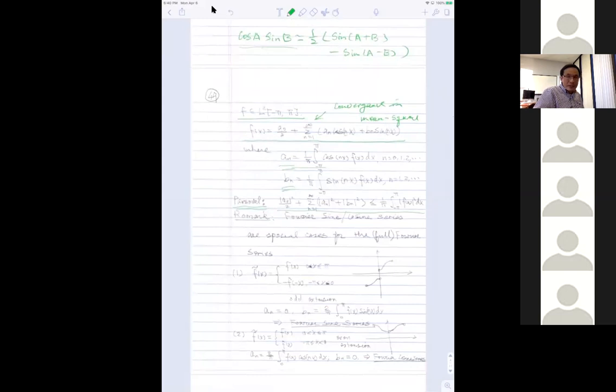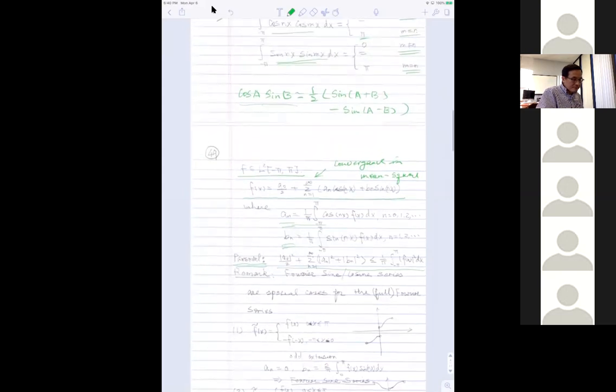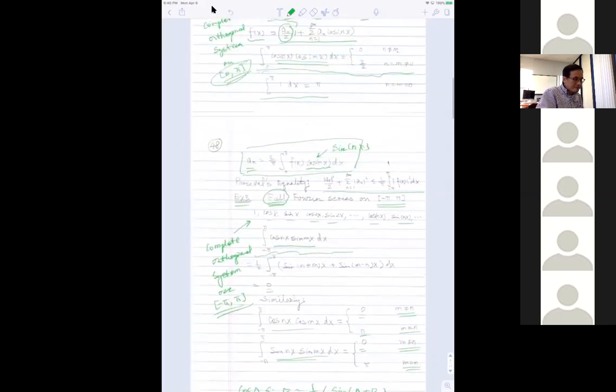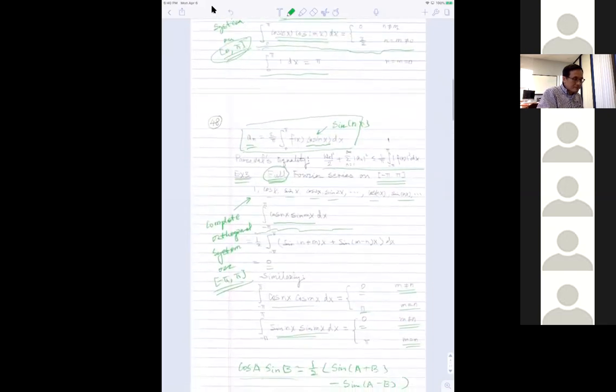Quick question about one of your earlier annotations. At the top of 48, I believe, you wrote that the cosine n of x, pointing to it, sine n of x. What did you mean by that? Oh, I mean that this formula is the same as the sine series, except that here it is cosine.